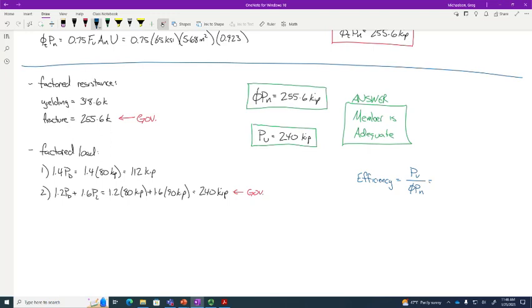Bridge engineers call these performance ratios. So what is 240 over 255.6? 0.94. Give me one more decimal, please. 0.939.